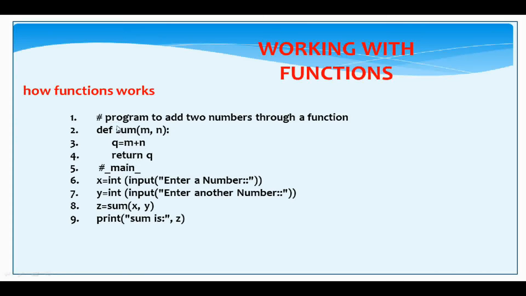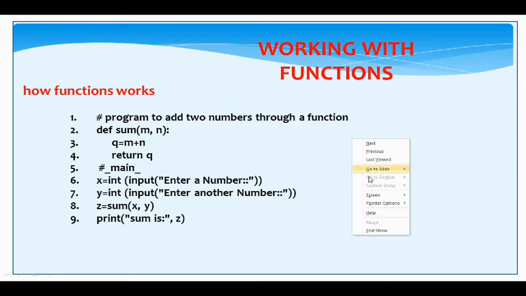First, the Python interpreter will check this line, which is only a comment, so it will be ignored. Then Python will come to line number 2, check that it is a function definition or function header, so it will just read the first line and then move to line number 5. This is again a comment. Now execution will start from 6, then 7, and then 8.